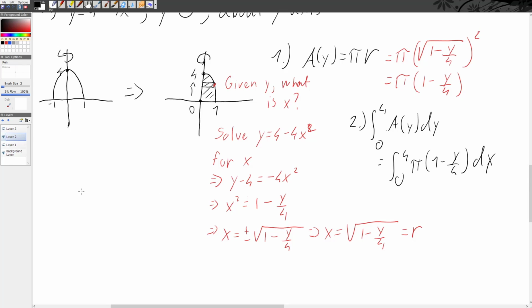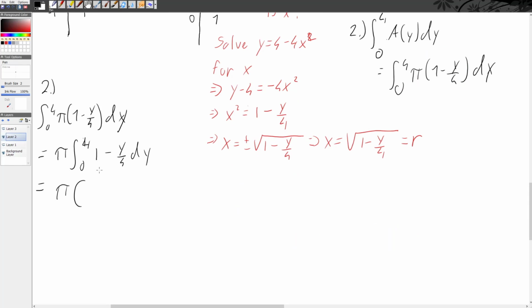Pulling out the pi, we integrate 1 with respect to y, and the integral of y over 4 is y squared over 8, and then evaluate from 0 to 4. 0 is not going to give you anything, so it's just pi times 4 minus 16 over 8, which is 4 minus 2, so 2 pi.